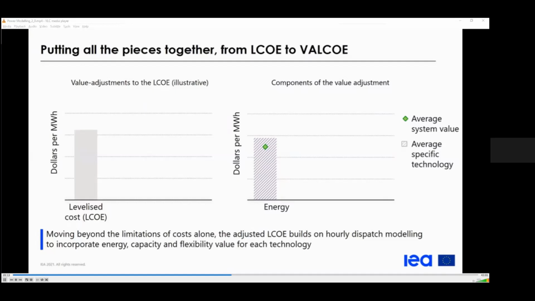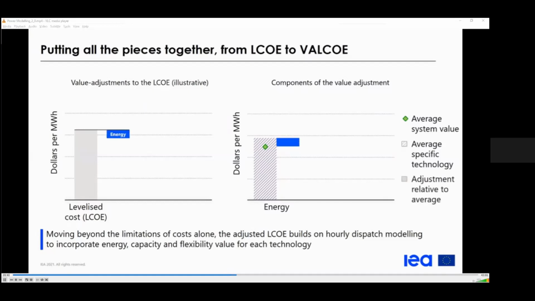So here, for this very illustrative example, we can see that the technology has a higher value than the average of the system. So it means that it is more competitive. More competitive means that we need to adjust the cost and reduce it to reflect that. So this is what we do.